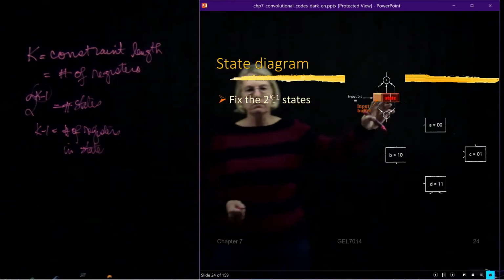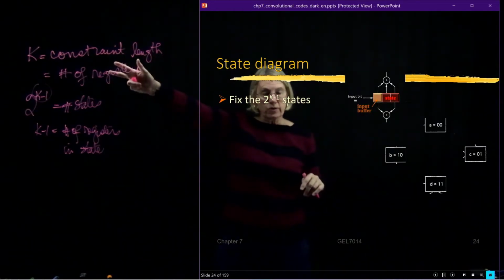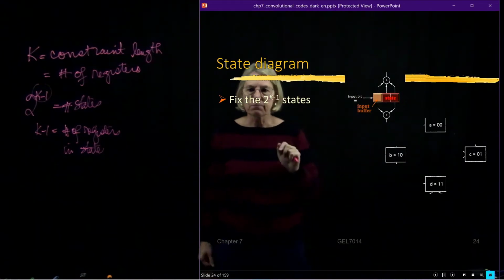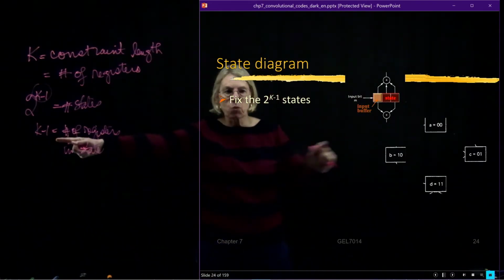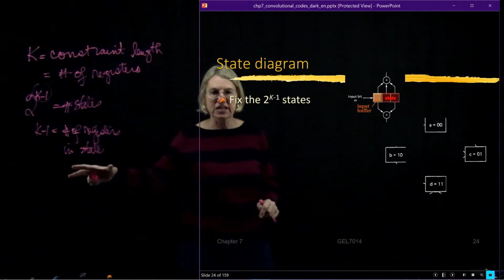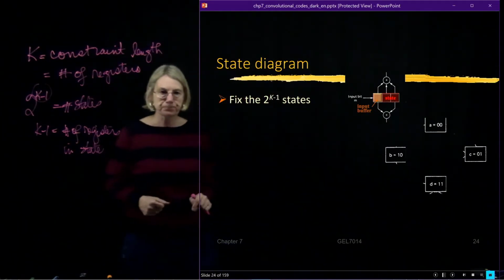So in our example, the constraint length is 3 because we have 3 registers. The first register is the input buffer, which means we have k minus 1, in this case 2, which are the number of registers dedicated to the state of the state machine.